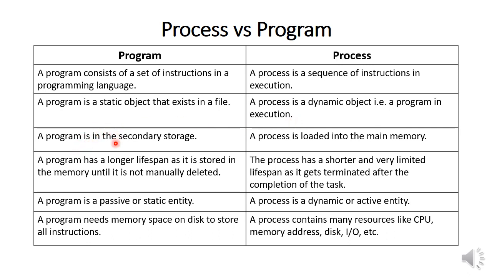So a program is in the secondary storage device or backing store, means any device which is able to store data or information for a long time, or just a device which is not directly accessed by the computer processor. Whereas a process is loaded into the main memory, we call it main memory or primary memory or random access memory, means the memory which is directly accessed by a computer processor.